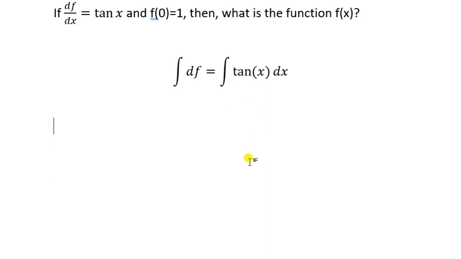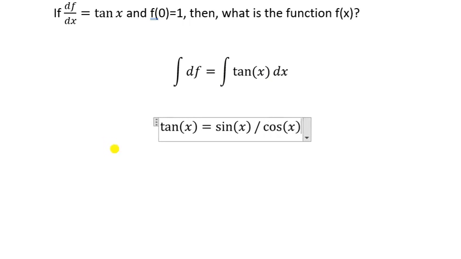Well, basically the trick here is to use the identity to convert tan into a ratio of sin over cos. It is known that tan of x equals sin of x divided by cos of x, right?